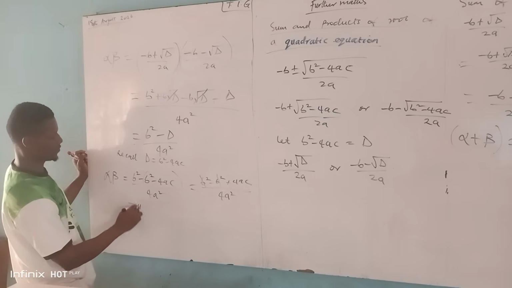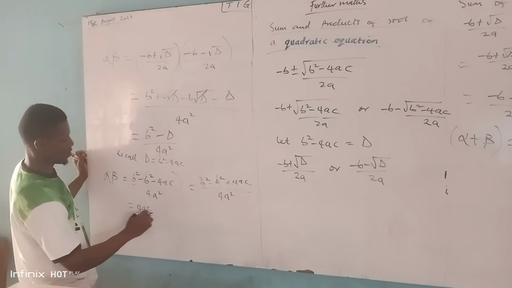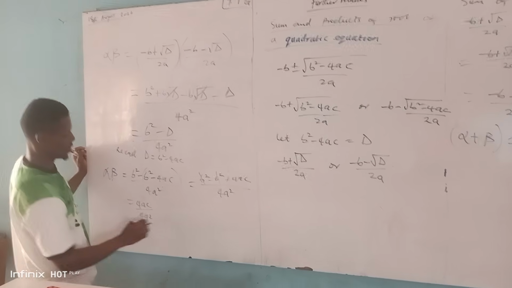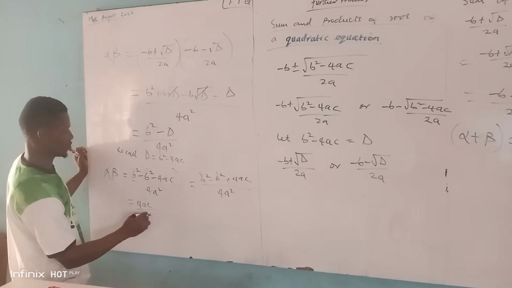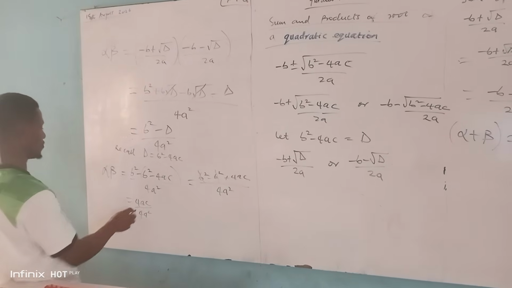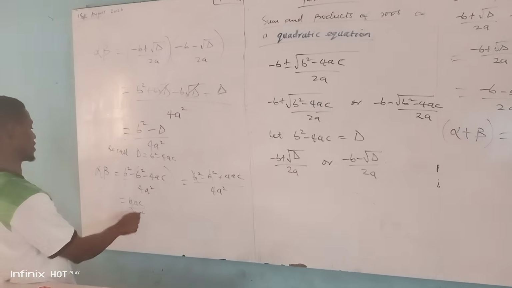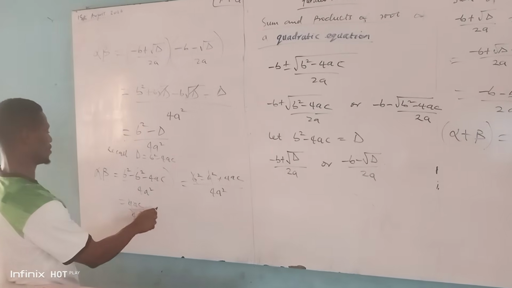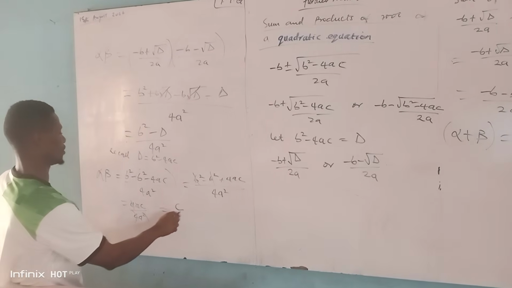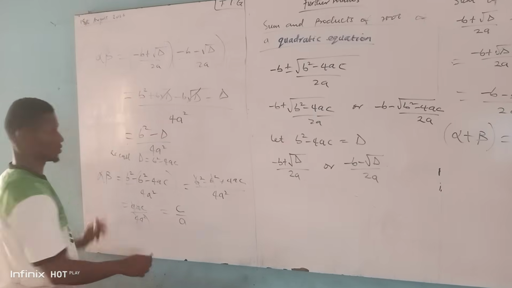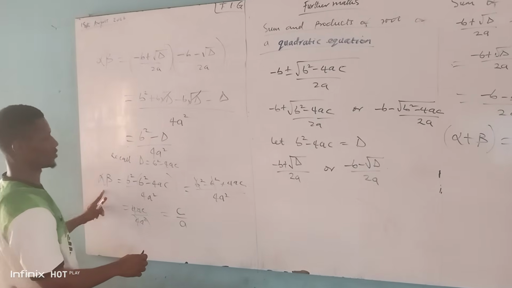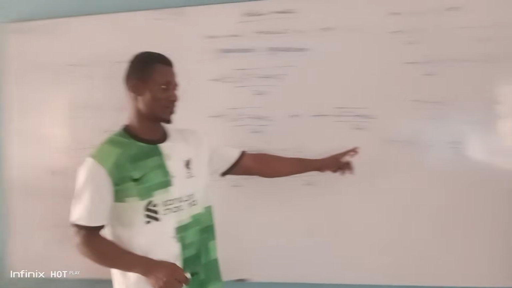All we have left is 4ac all over 4a squared. 4 cancels 4, then one a cancels one of the a's. So what we have left is c over a. So this is how to get your product of roots and the sum of the roots. See you in our next class.